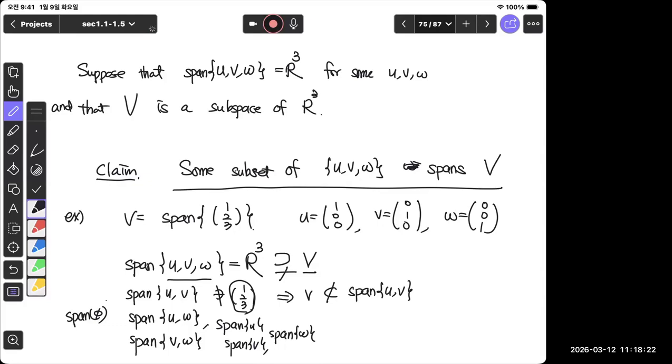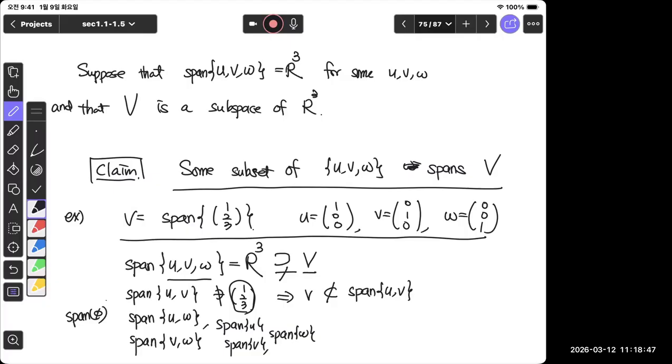So this claim above may not be true in some cases like this. So please be careful about the definition of the span of some set. The examples in the note are very straightforward, very simple.